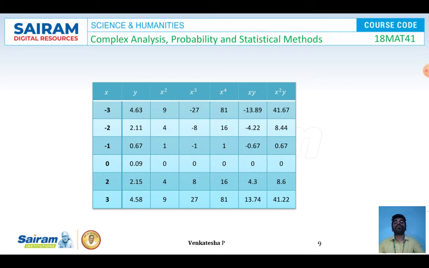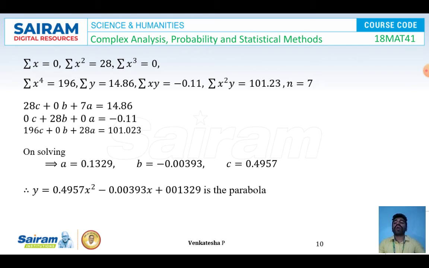So now I am going to find all the summation of x, summation of y, summation of x square, summation of x cube, summation of x power 4, summation xy and summation x square y. So after adding all x, I got 0, x square is 28, x cube is 0 and summation x power 4 is 196, summation y is 14.86, summation xy is minus 0.11 and summation x square y is 101.23 and n is equal to 7.